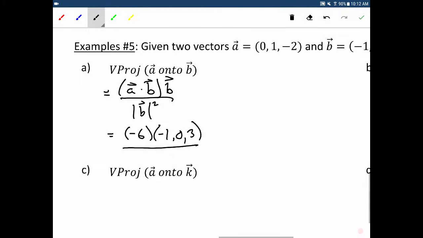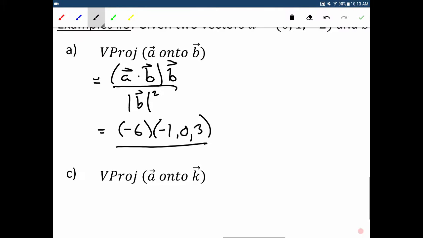That's just going to be 1 plus 0 plus 9. Normally you'd then square root those to find the magnitude, but since we're squaring it, that just cancels out, and we are left with the vector 3 over 5.